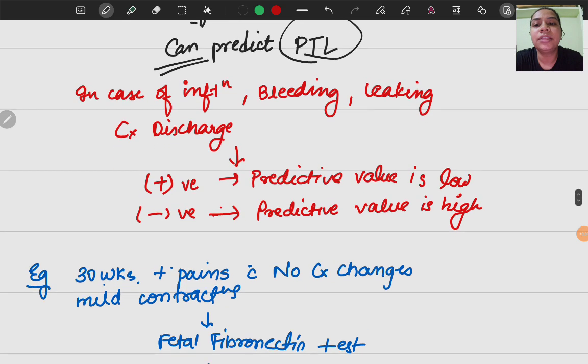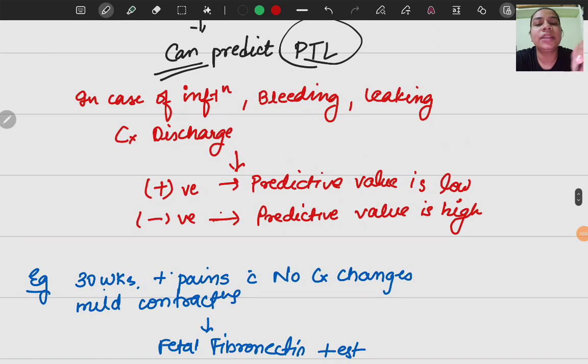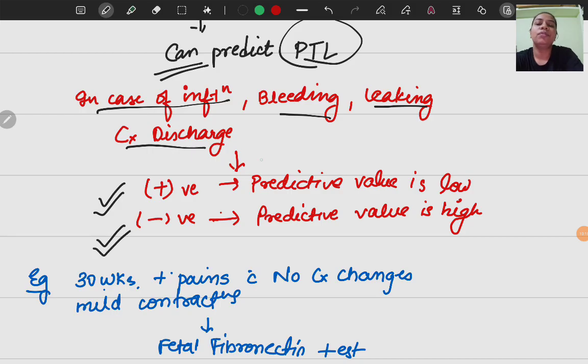So in case of infection, if the mother is complaining of infection, bleeding or leaking, or if there is any cervical discharge, then this value can be positive or negative. If the value is positive, then the predictive value is low. That means if this test is coming positive, then your prediction of preterm labor is very low.